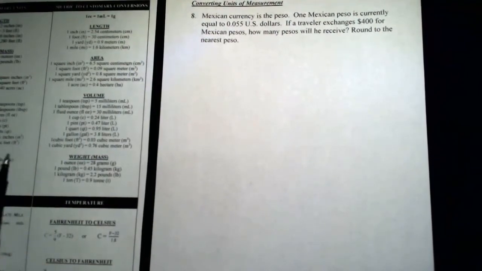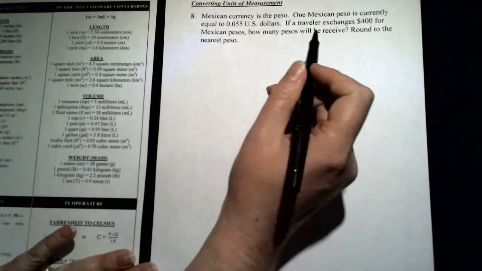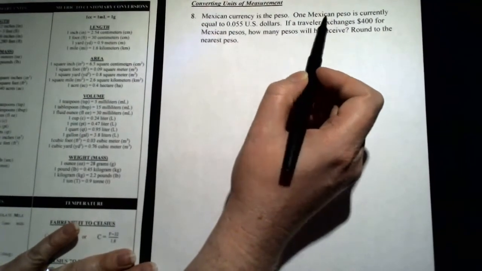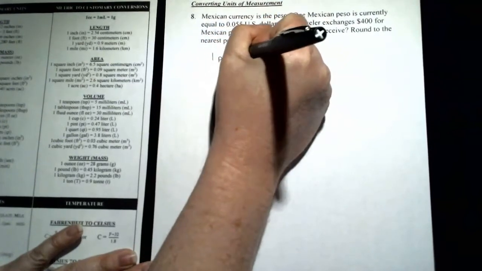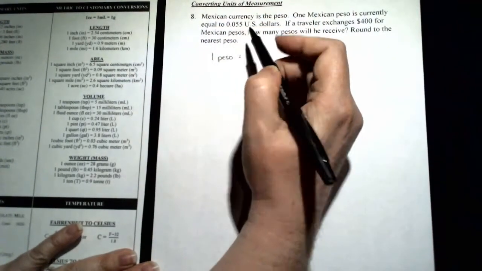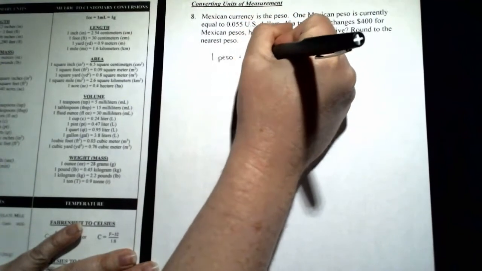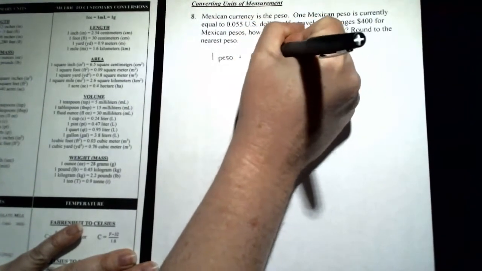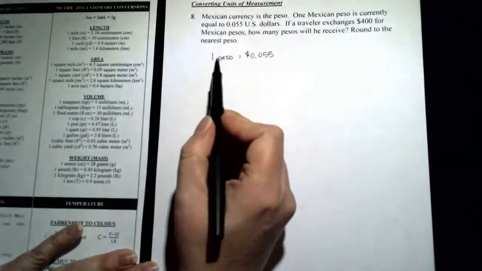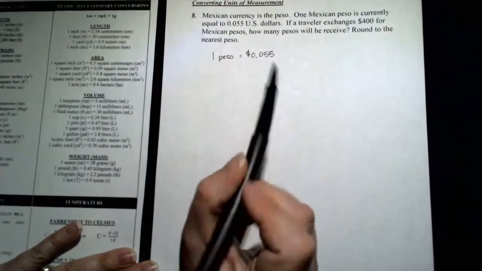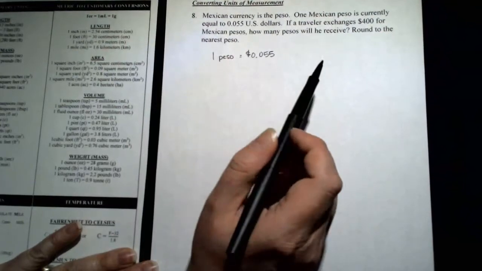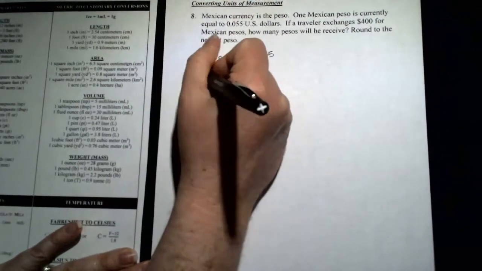So we're going to set this up with unit fractions, and we are going to use the fact that 1 Mexican peso is about 0.055 US dollars. So that's the conversion that we're going to use. The traveler is exchanging $400 and wants to know how many pesos that will be.